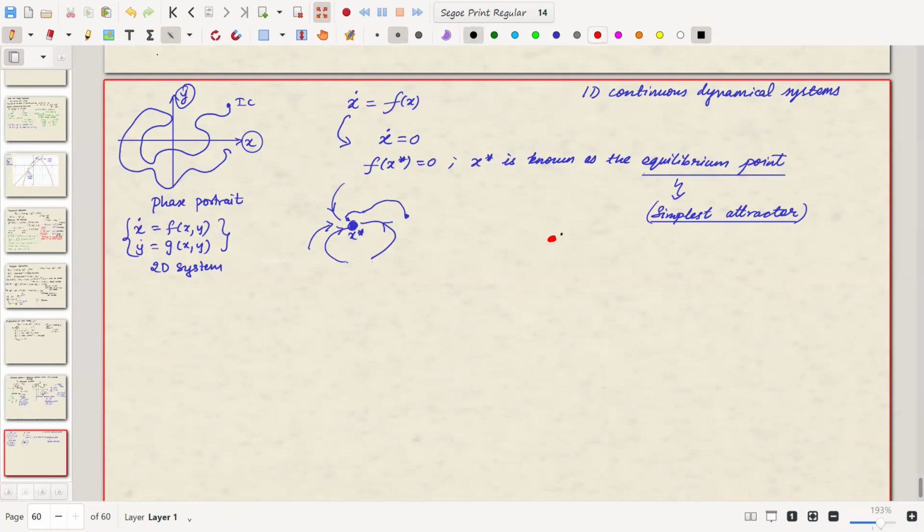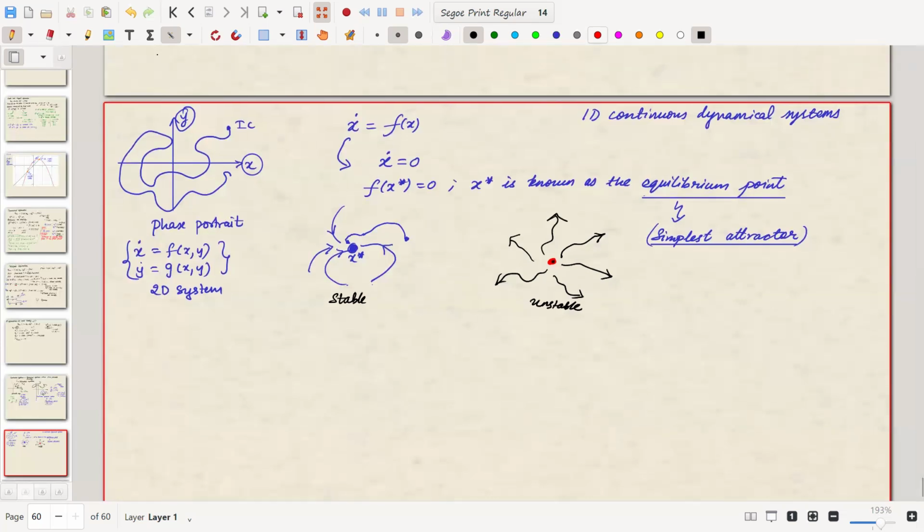Suppose you start from here, it will run away. This is the stable one, this is unstable. You can see why it is unstable: nearby trajectories are moving out. But of course, if you start exactly at this point, then you will stay there, because x dot equal to 0 is satisfied.